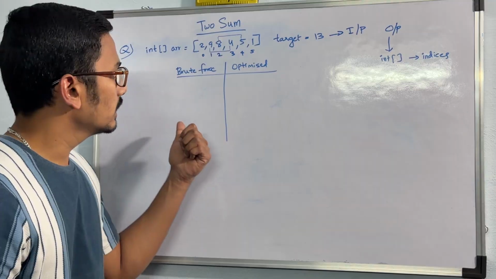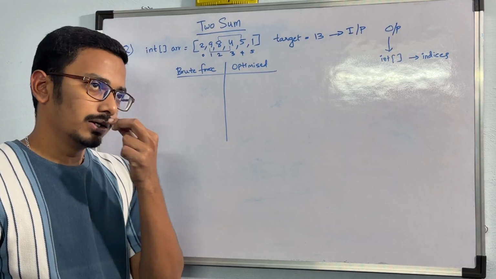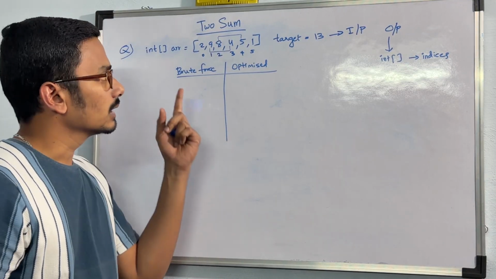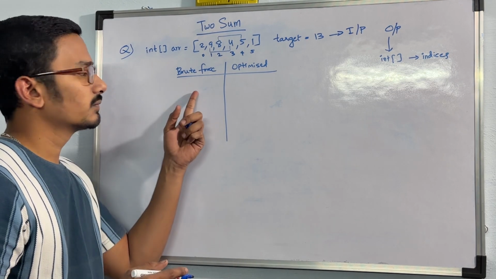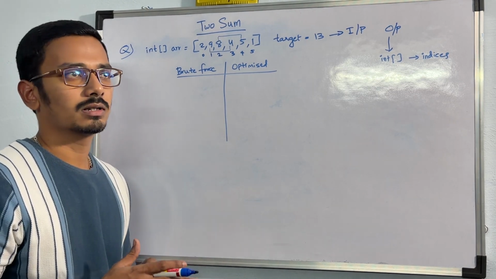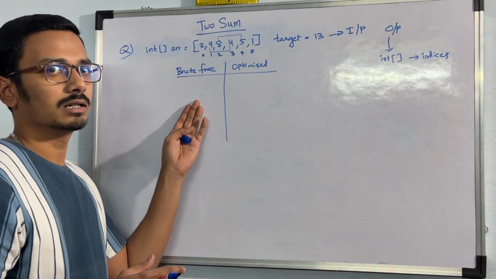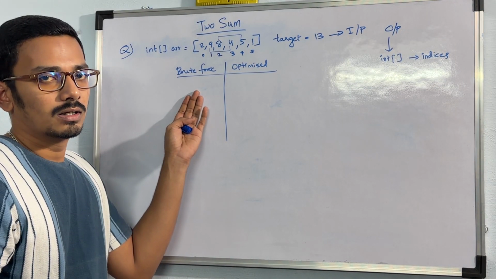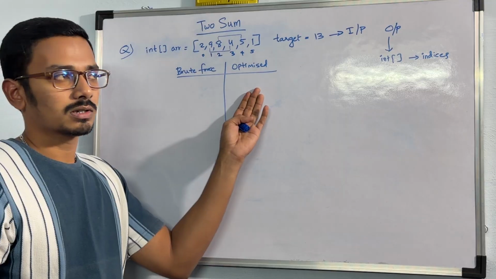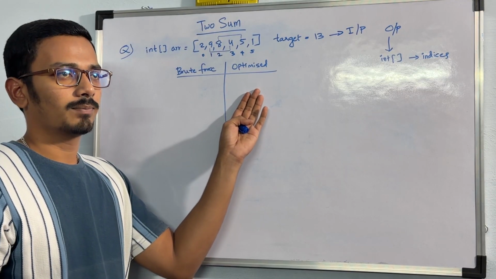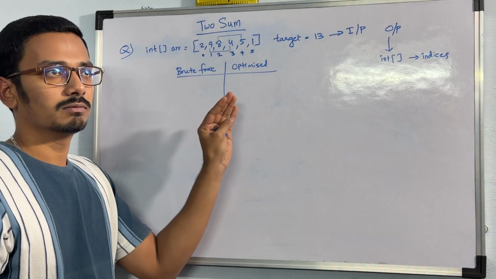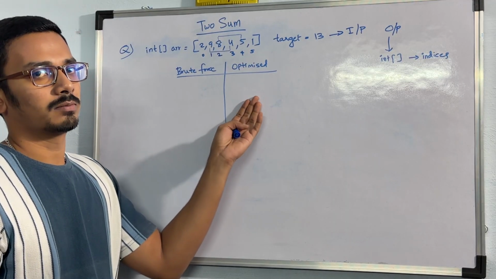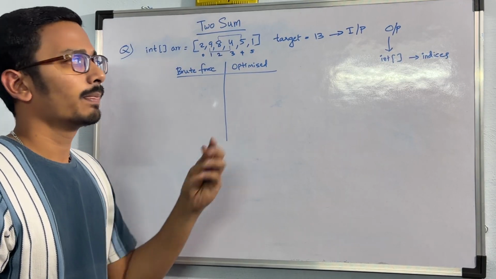Whenever an interviewer asks a question like this in an interview, the first thought that comes into our mind is the brute force approach. It is a conventional approach, and the complexity will be greater in this brute force approach. But in the optimized approach, the complexity will be optimal, meaning we optimize to a greater level beyond which we can't optimize. That is called the optimized solution.